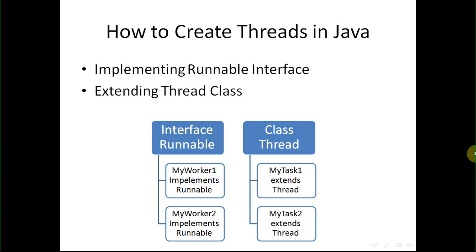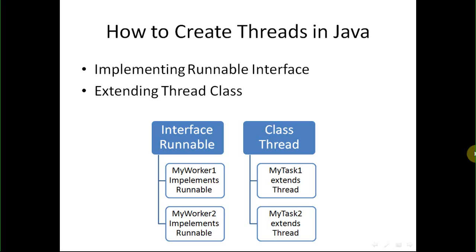Also, you should always remember that many APIs in Java accept the Runnable interface as a worker, not the Thread class. So when you want to pass your work to other APIs or other classes in Java, it would be better to go with the Runnable interface.